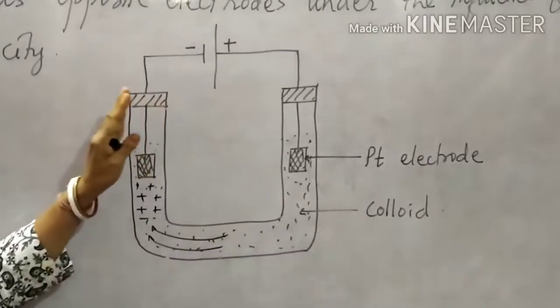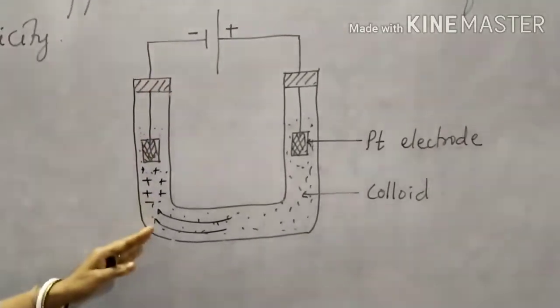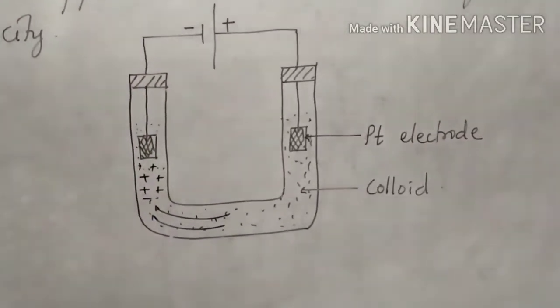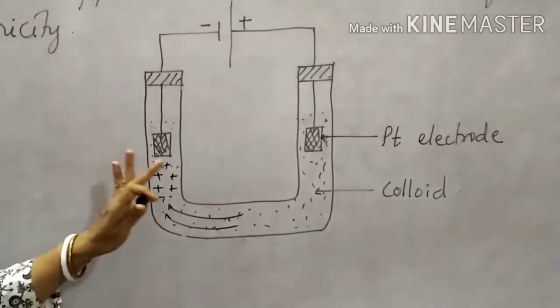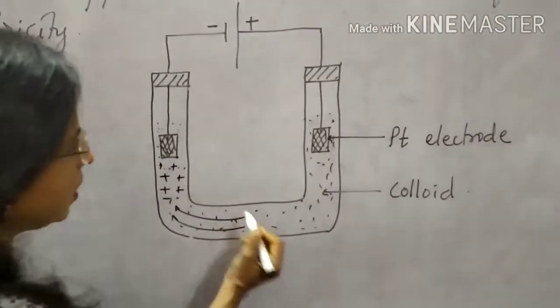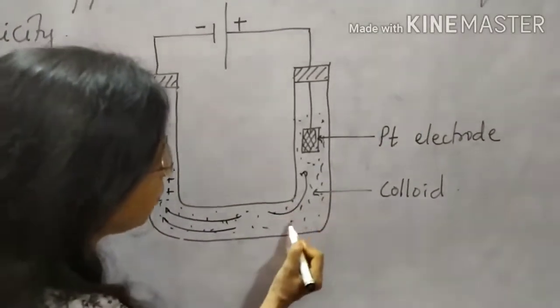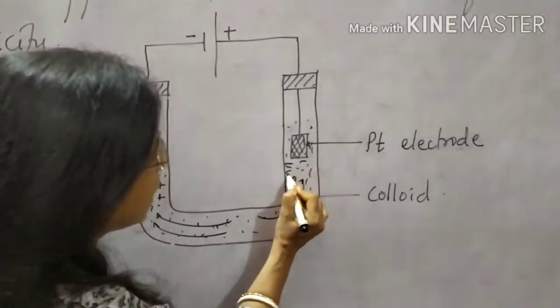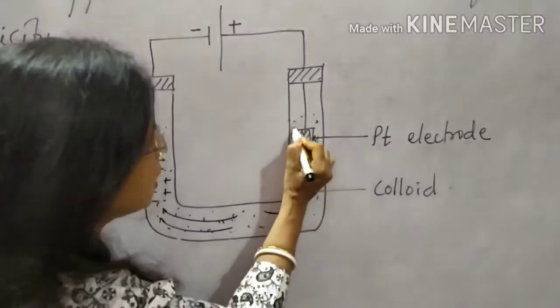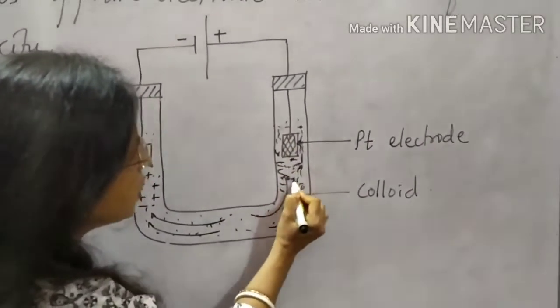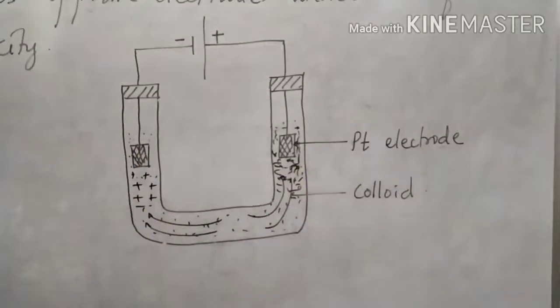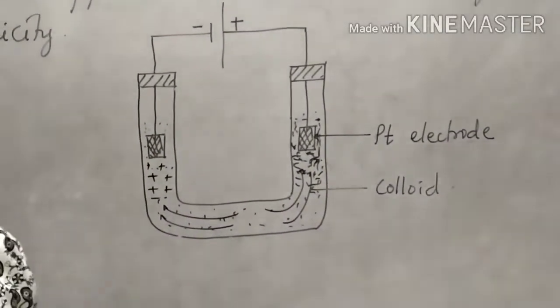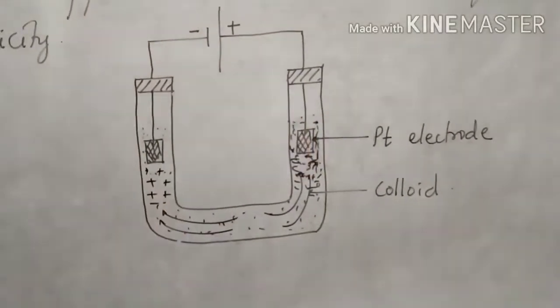So then immediately we can detect whether the colloidal particle is negative or positive. Now suppose on passing electricity, all the particles are moving in this direction, and the density of this part is increasing. Then the colloidal particle is negative because the terminal is positive.